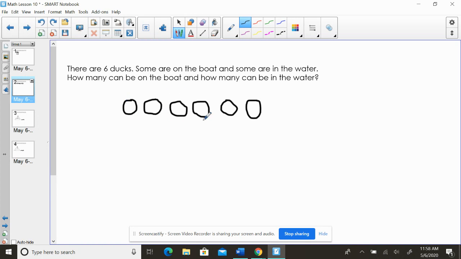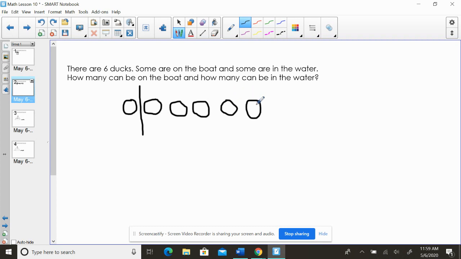So let's look at a different way we can show this same exact problem. So I still have my same 6 ducks. And now I'm going to draw my line over here. I have not changed the amount of ducks, but let's make sure there's still 6. 1, 2, 3, 4, 5, 6.